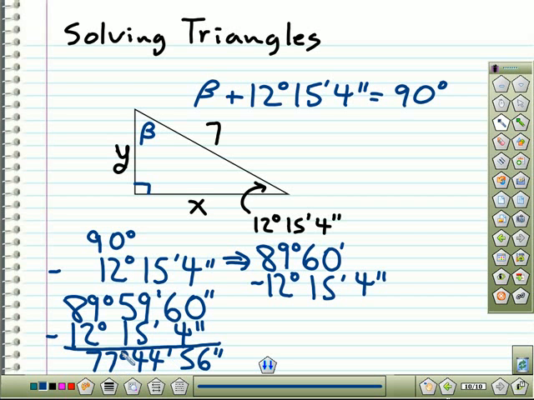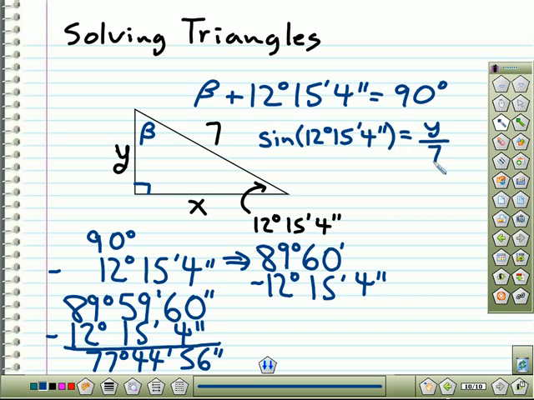How can we relate y to the information that we've been given? Do you know of any way to relate an angle, its opposite side, and the hypotenuse? Sine, that's right. We know that sine of 12 degrees, 15 minutes, 4 seconds equals y over 7.